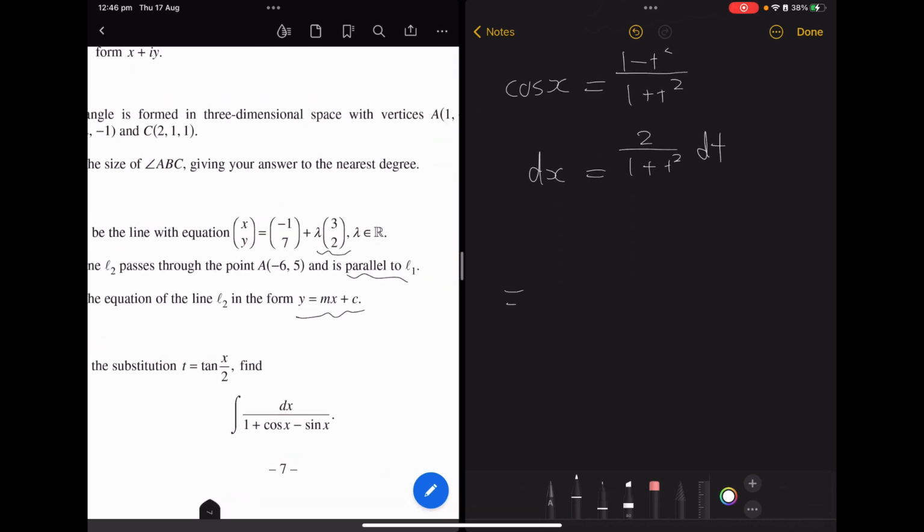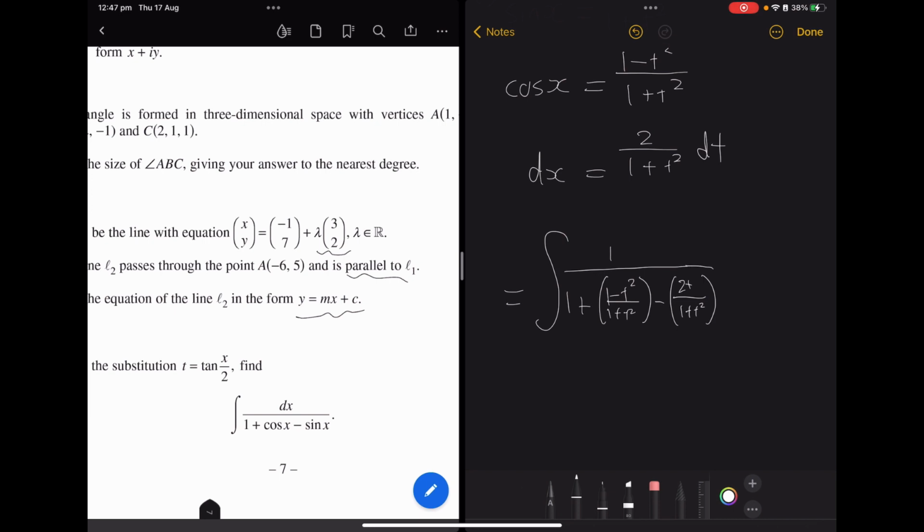So rewriting everything we see here, I'll write this as 1 over 1 + (1 - t²)/(1 + t²), and minus sin x is minus 2t/(1 + t²), times dx.